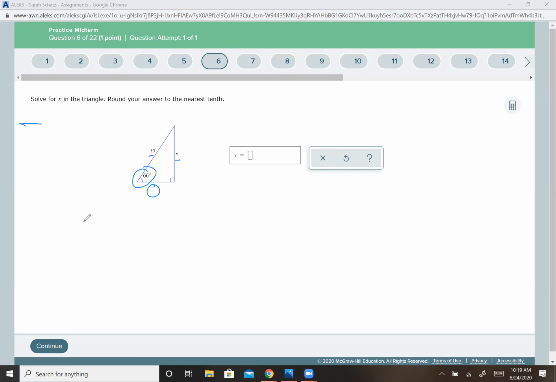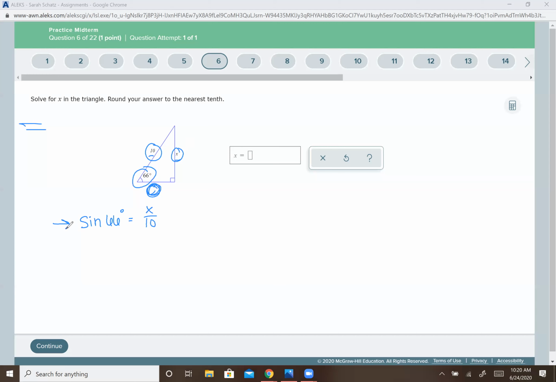For this angle 66, would you agree that the sine of 66, being opposite over hypotenuse, would have to be x over 10? Yes, I think that's true. Notice we don't know this angle down here or this side down here, and we really don't need to. I am using the opposite of 66 and the hypotenuse of the triangle for this equation.